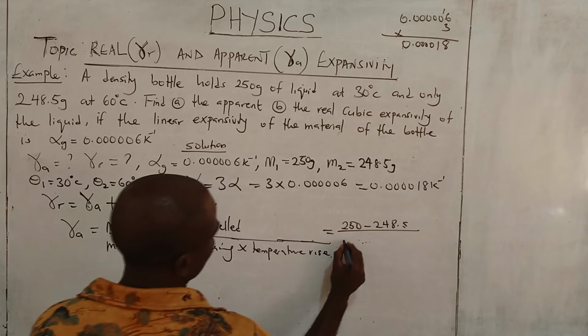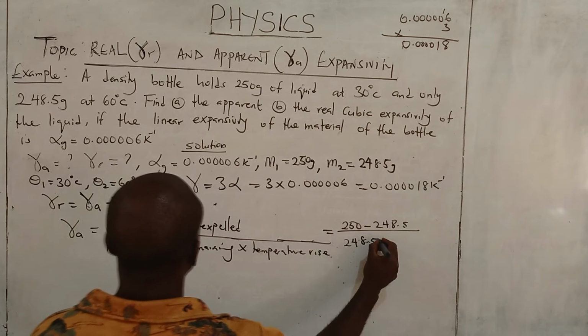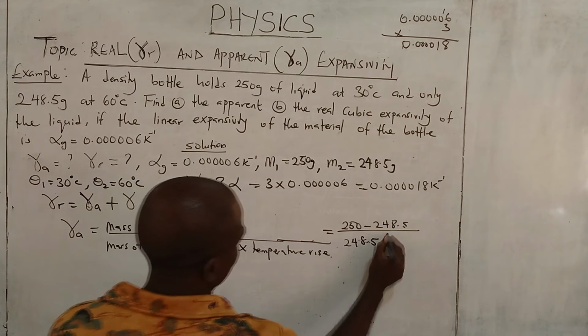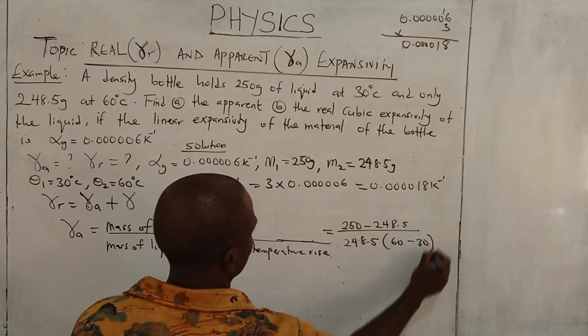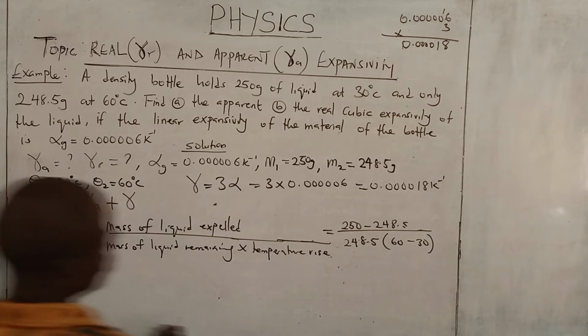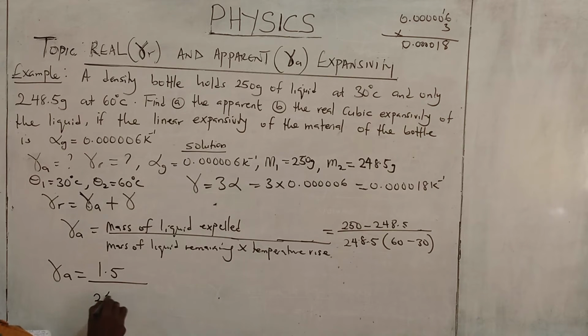Now write 248.5 times the temperature rise, right? That's 60 minus 30. Now do that, apparent cubic expansivity. You do your subtraction very well, over 248.5 times 30.